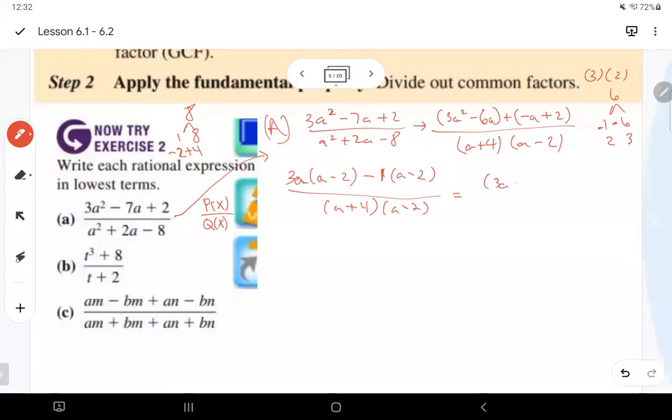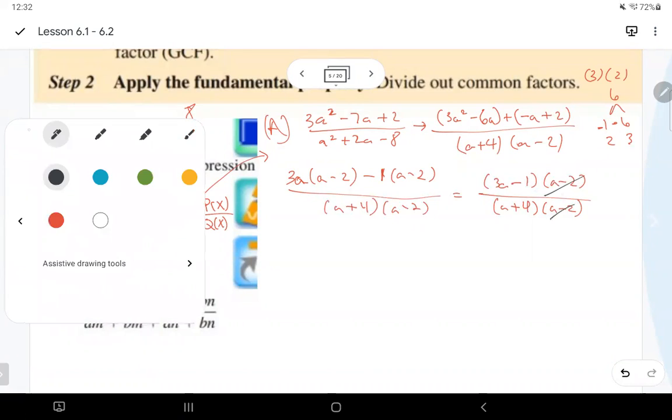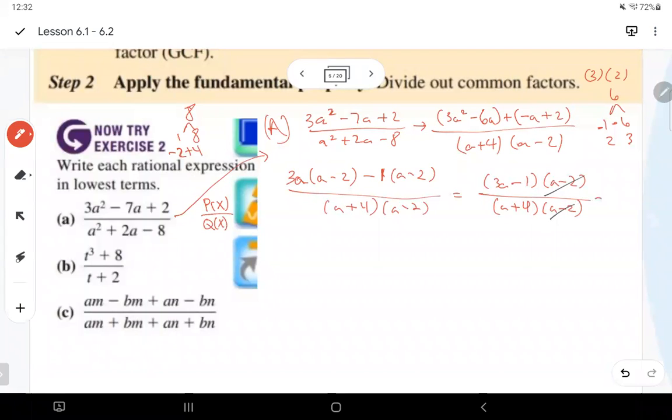So 3a minus 1, a minus 2, a plus 4, a minus 2. The a minus 2's cancel. So then we're left with a final answer here of 3a minus 1 over a plus 4. And that's it.